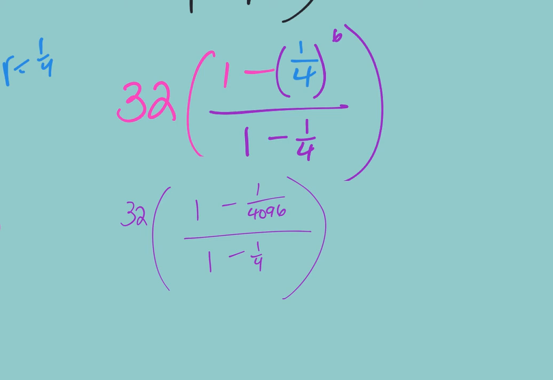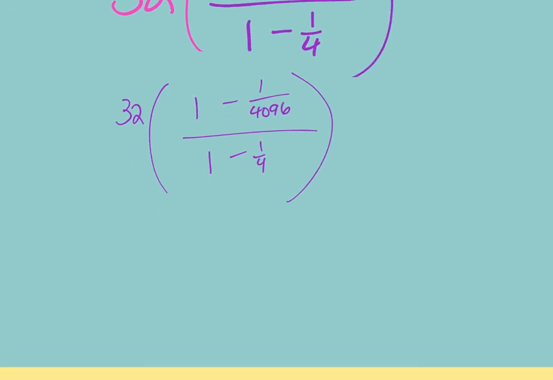Now I've got a complex fraction. I can't keep the fraction within the fraction. So I'm going to work together on the top, work together on the bottom, keep, change, flip. So I have to change the top to have the same denominator. This is going to be 4,096 over 4,096. The good news is that is always 1. So you just have to change it to be the denominator of the other one over that denominator again. And then the bottom, this is going to be 4 over 4.